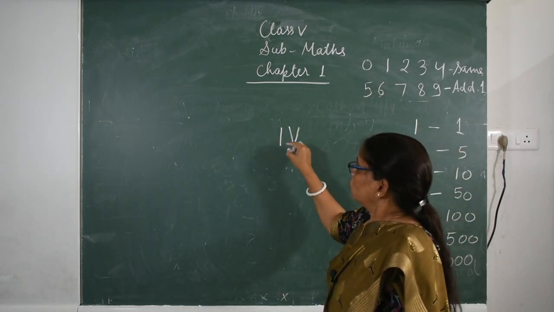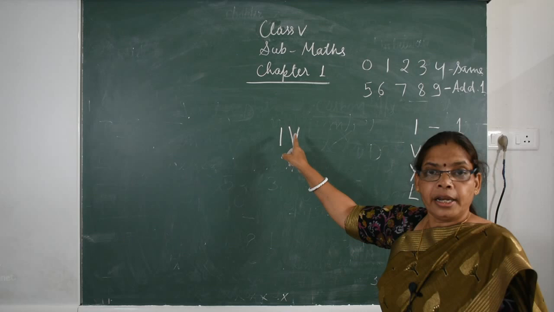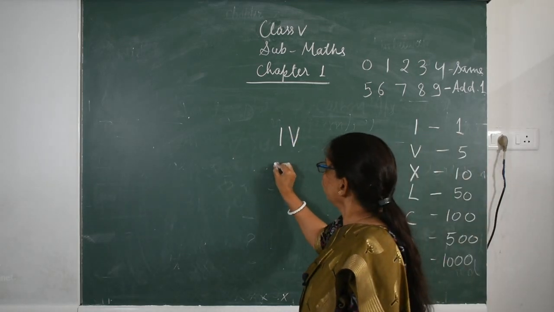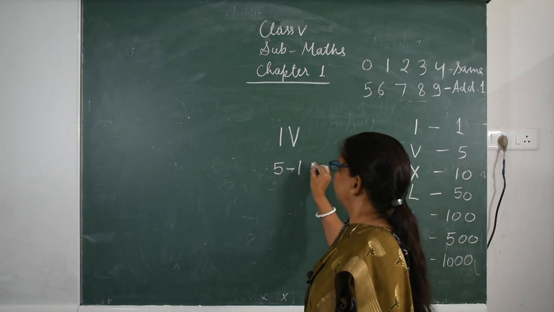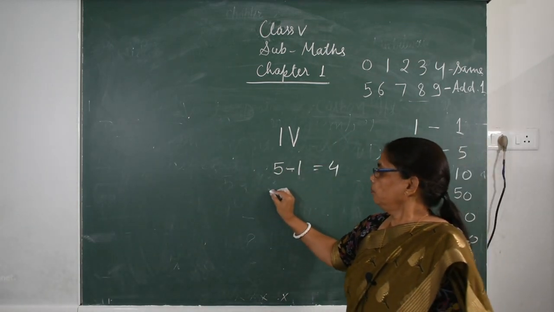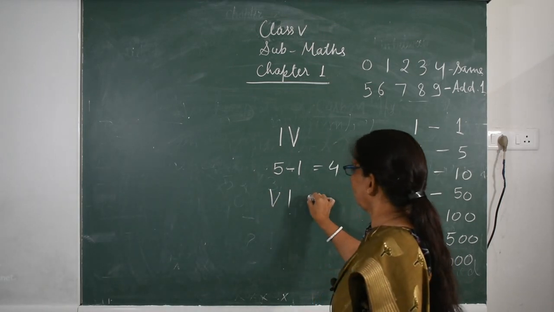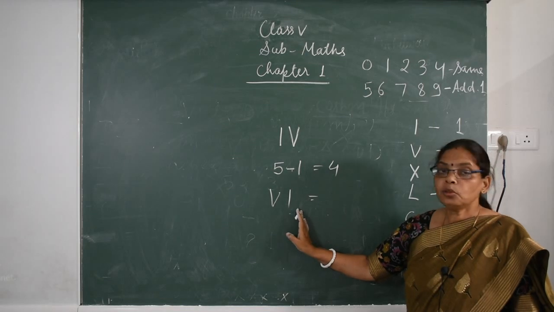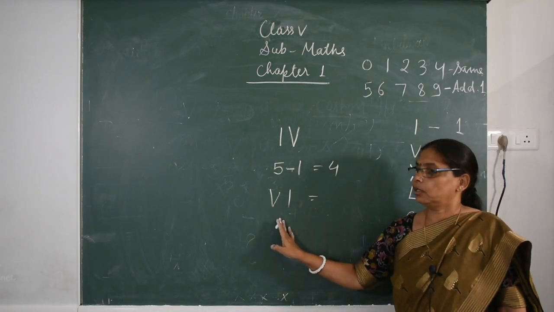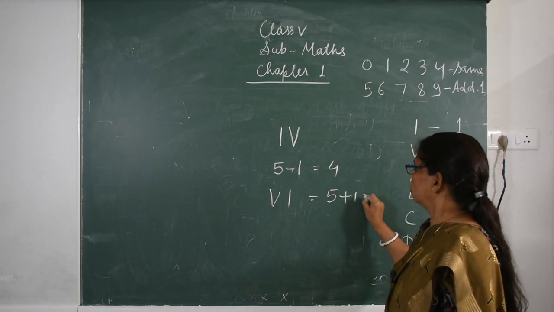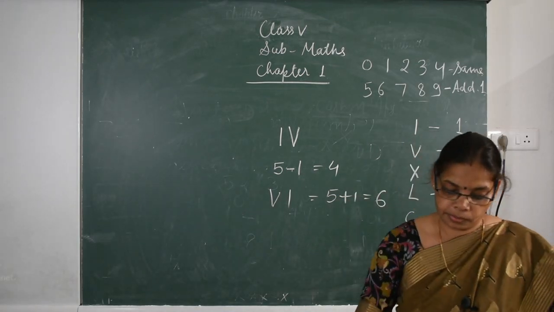When any smaller number is written to the left side of a bigger number, this stands for 5 minus 1, equal to 4. We have to subtract it. Then if any smaller number is written to the right side of a bigger number, we add, so 5 plus 1 is equal to 6.